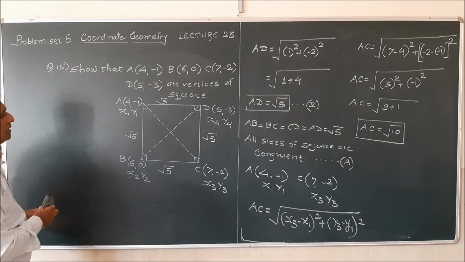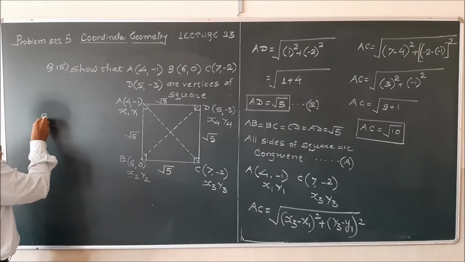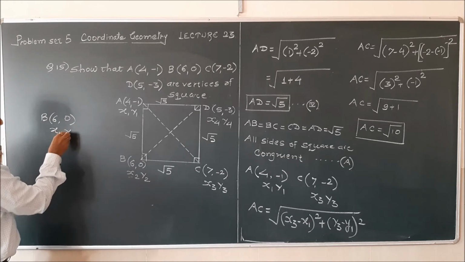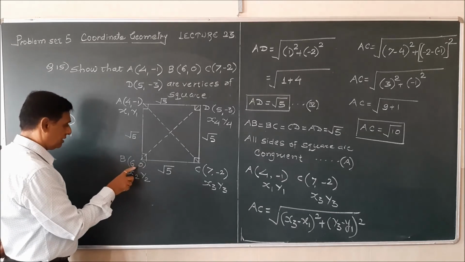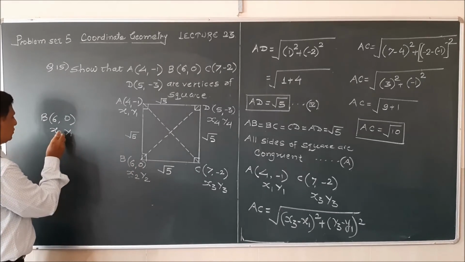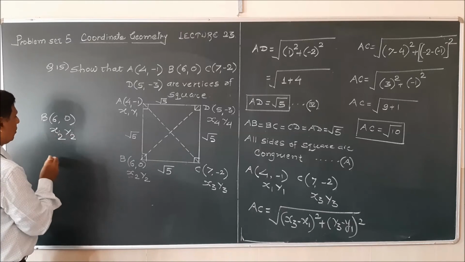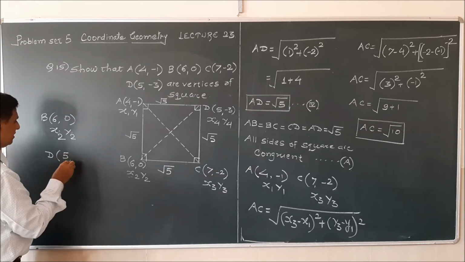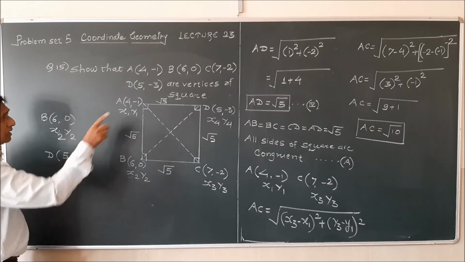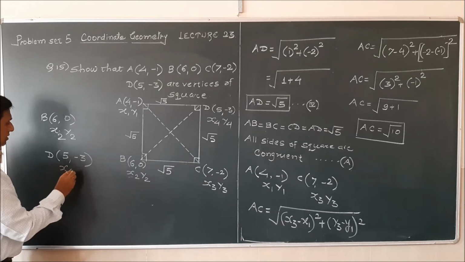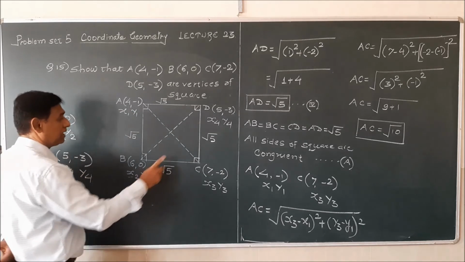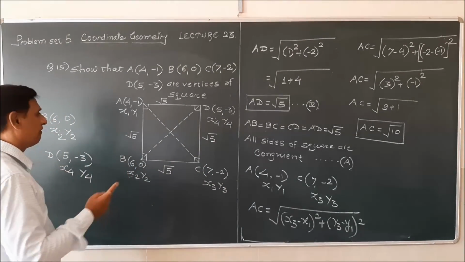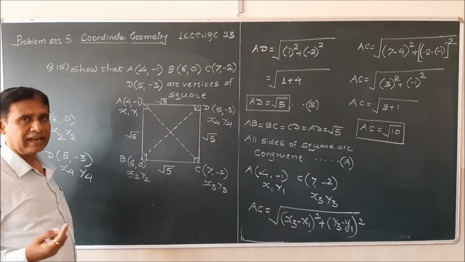So coordinates of B are 6, 0, x2, y2, and coordinates of D are 5, minus 3, x4, y4. I have to see whether the value of BD is also root 10. Let's see.